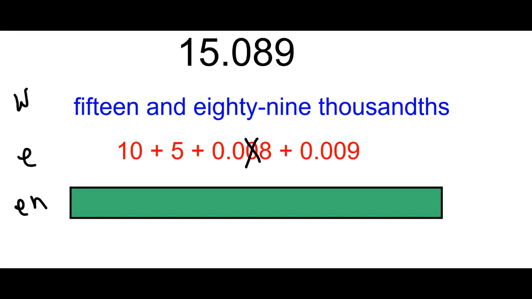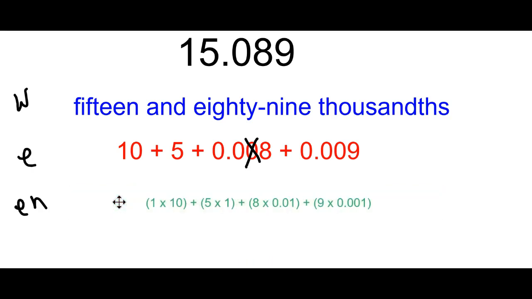And then in your expanded notation, we have 1 times 10 plus 5 times 1 plus 8 times 0.01 plus 9 times 0.001. And once again, if you did it in fractions, that's okay. You just need to be aware that these are equivalent to each other. On all your tests, you'll probably see them as decimals, but it's okay as long as you understand that the decimals are equal to those fractions.